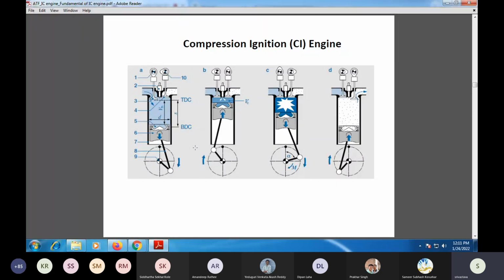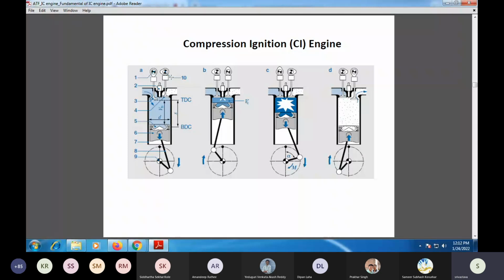So it is a 4-stroke compression ignition engine or 4-stroke diesel engine. It is called compression ignition because there is no spark plug, as there was in the gasoline engine, to initiate the combustion.